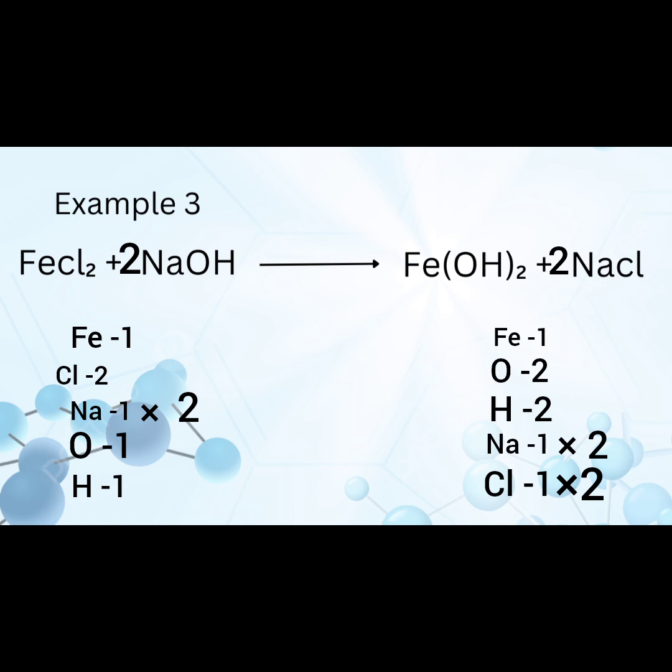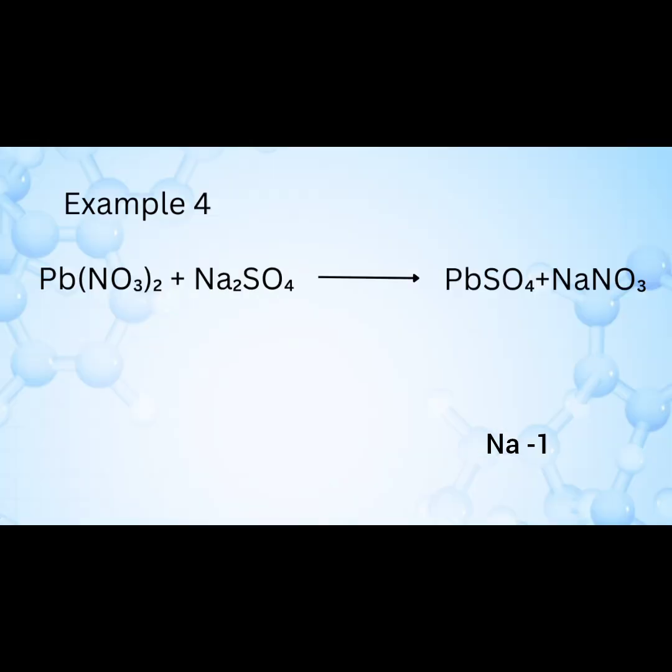Thus, the reaction is balanced. The number of iron molecule is 1, chlorine molecule is 2, sodium molecule is 2, oxygen is 2, and hydrogen is 2 in both the reactions. I hope you all understood the trick to balance the reactions.